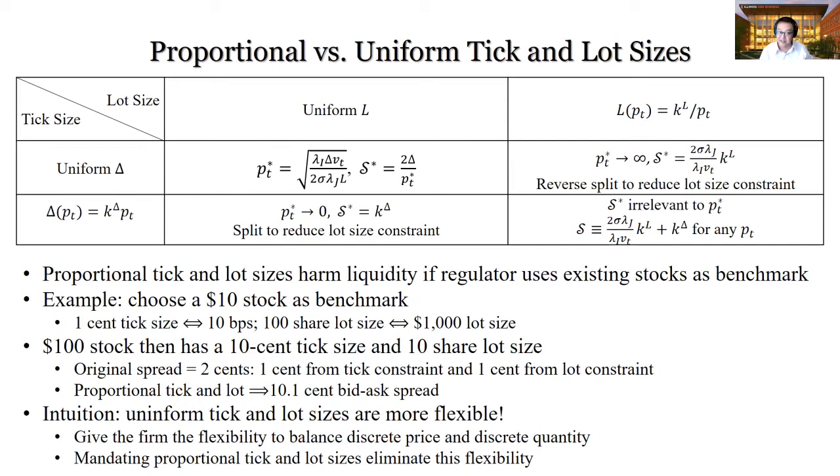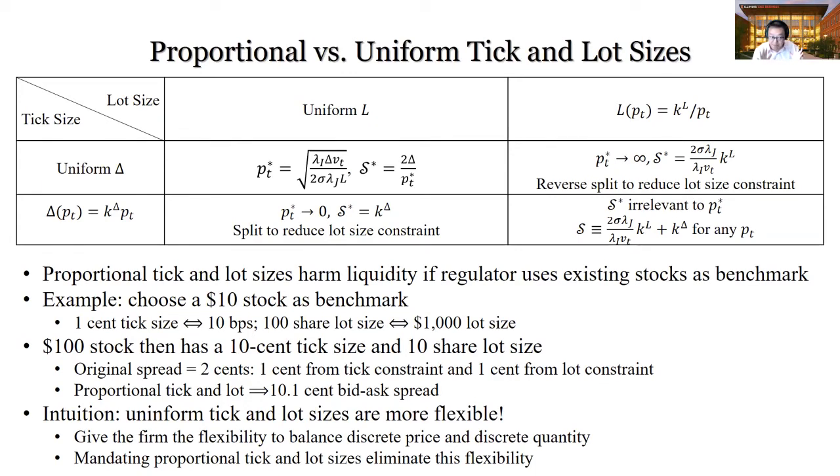But we show actually it's a bad idea. For example, if the regulator uses any existing stock as a benchmark, let's pick a $10 stock. It currently has a 1 cent tick size, which is 10 basis points, and a 100 shares lot size, which is $1,000. Then let's move to $100 stocks. If you have a proportional system, $100 stocks have a 10 cent tick size and a 10 share lot size.